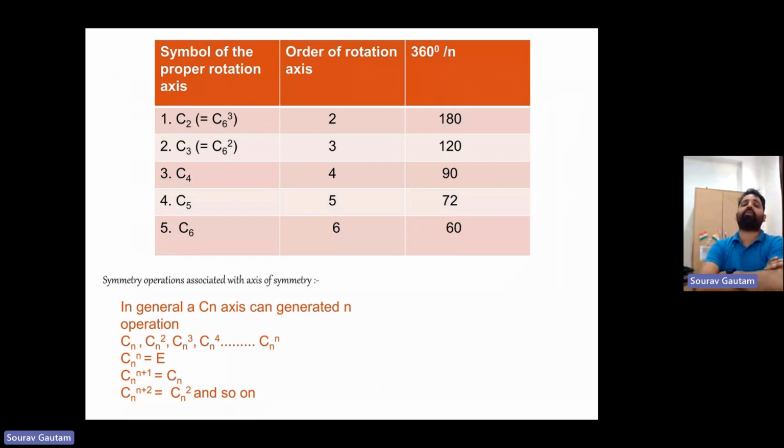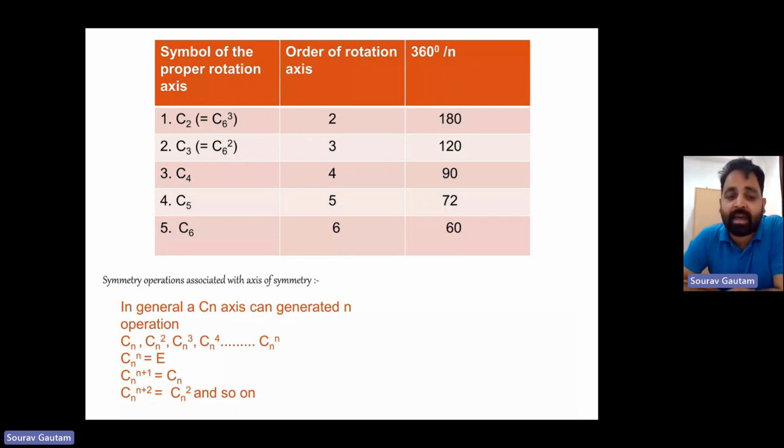These are the symbols of the proper axes of rotation: C2, C3, C4, C5, C6. There is the order of the rotation axis in this table: 2, 3, 4, 5, and 6, and the different angles through which rotation is carried out: 180 degrees, 120 degrees, 90 degrees, 72 degrees, 60 degrees for C6.